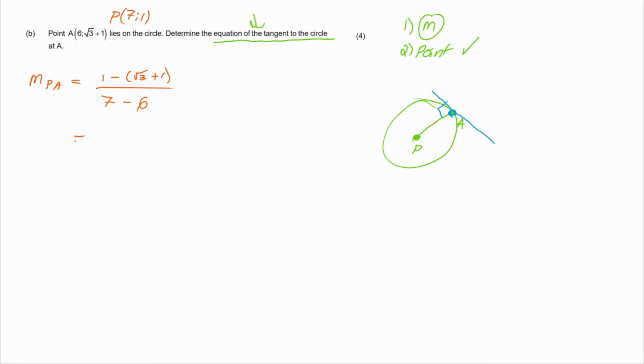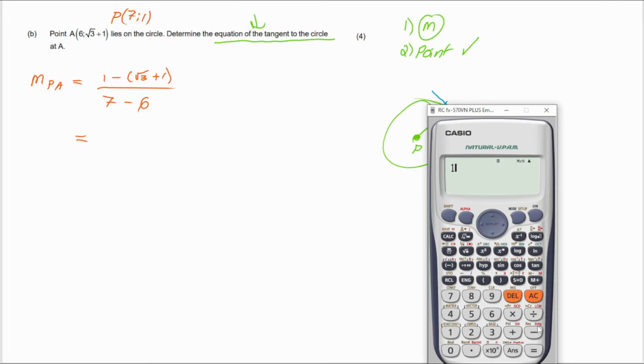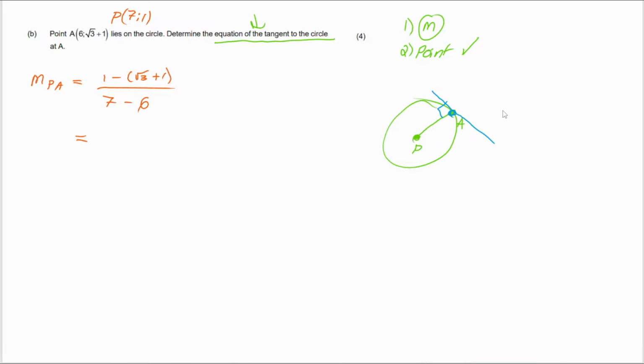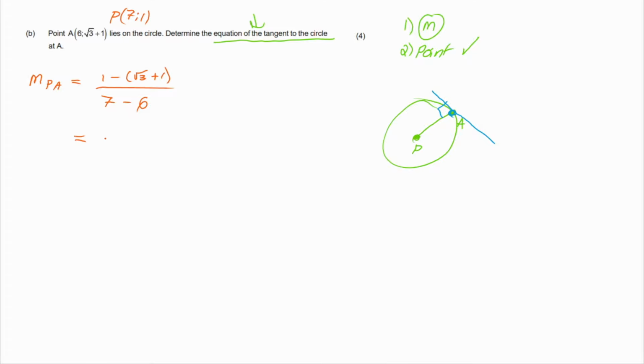If we go over to the calculator, at the top we have 1 minus root 3 plus 1. Make sure that plus 1 is outside of the square root. That gives us negative root 3. The bottom gives me 1, so my gradient is just negative root 3.